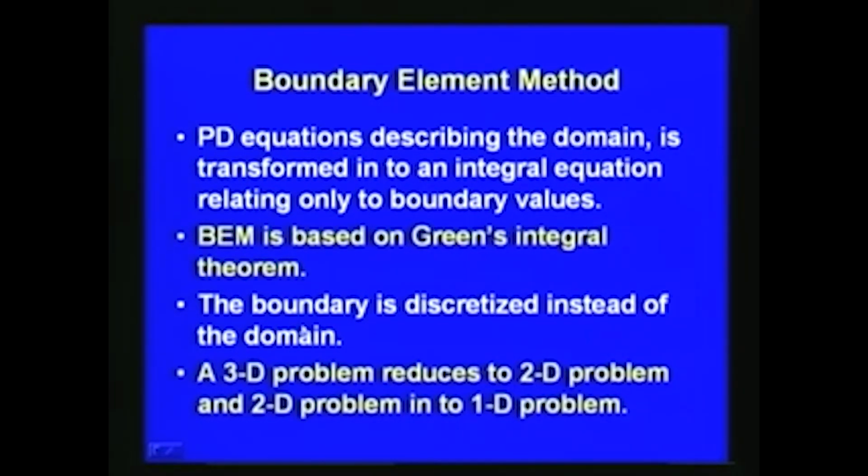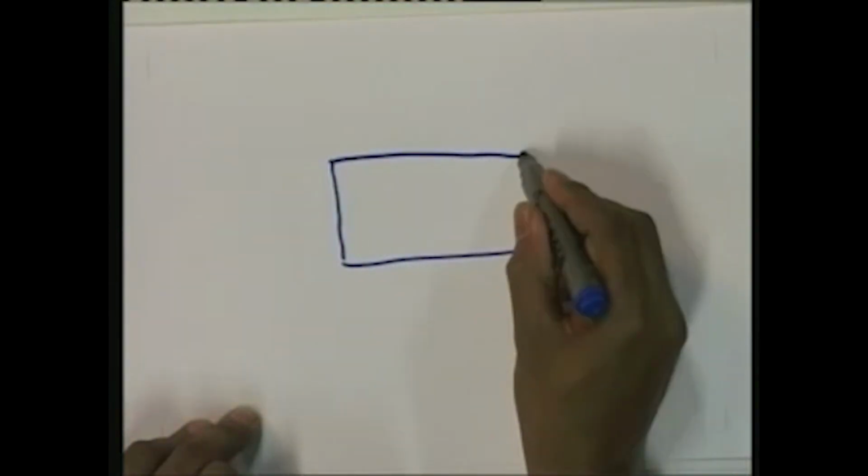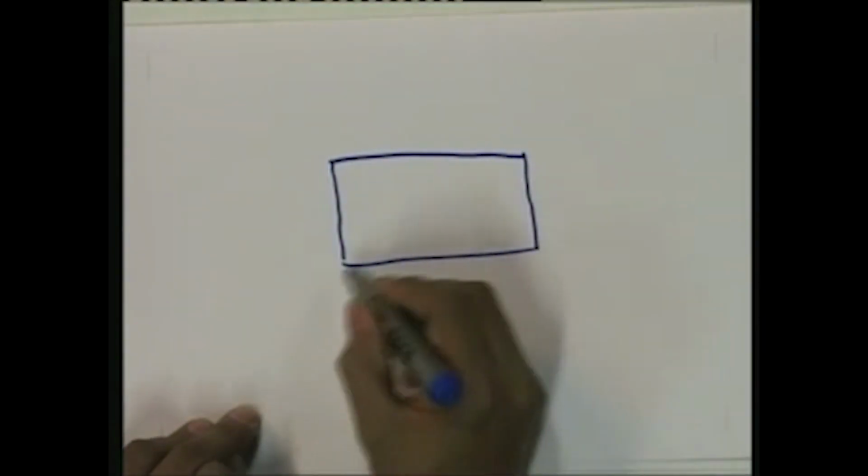So we discretize the boundary instead of the domain, and we get the equation in terms of the boundary integral. Then we can find out the unknowns initially on the boundary, and then we can find the unknowns on the domain.